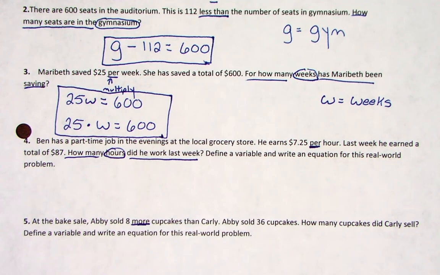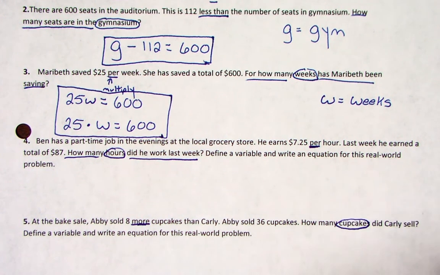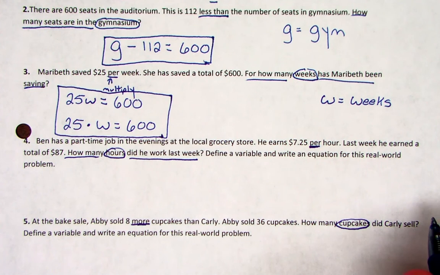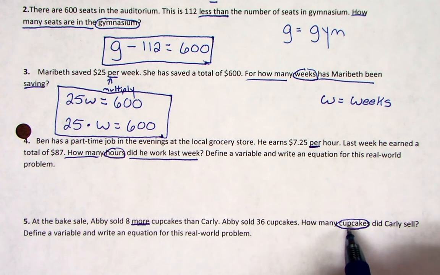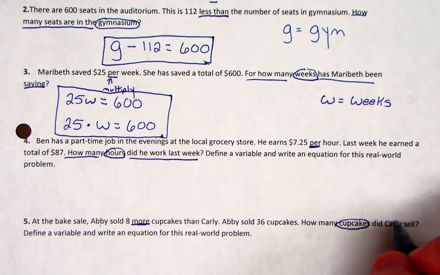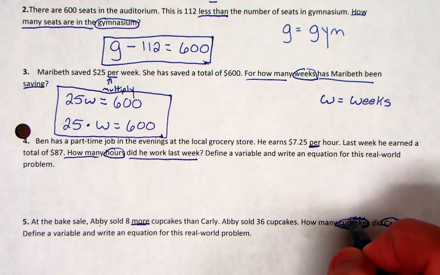Key vocabulary word right there. What are we solving for? Well, I shouldn't really have done cupcakes. They're talking about two different people here. They're talking about Abby and Carly. We actually need to know how many did Carly sell, so I'm going to get rid of this underneath cupcakes.